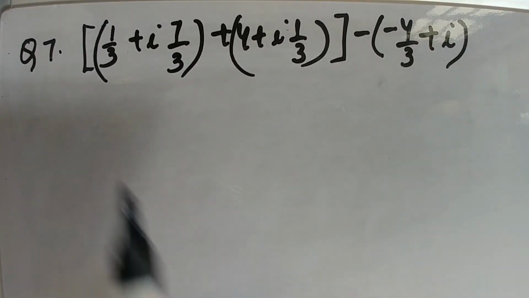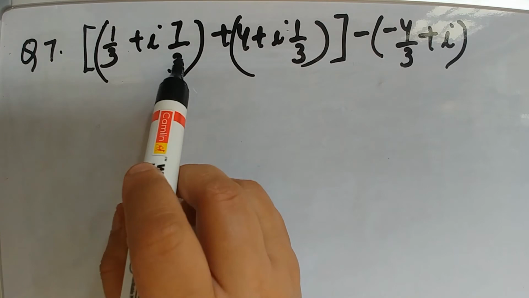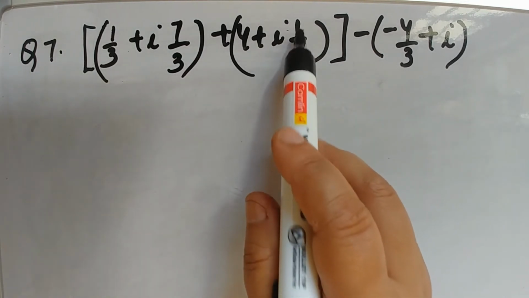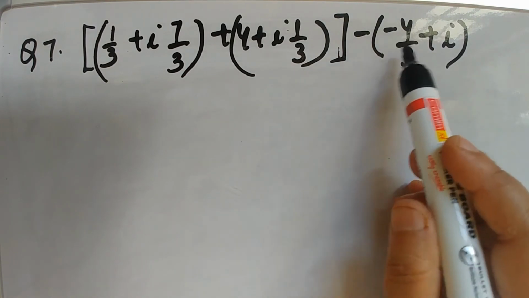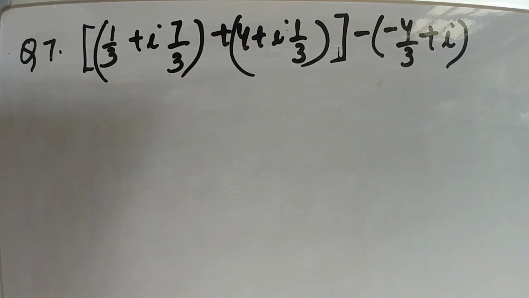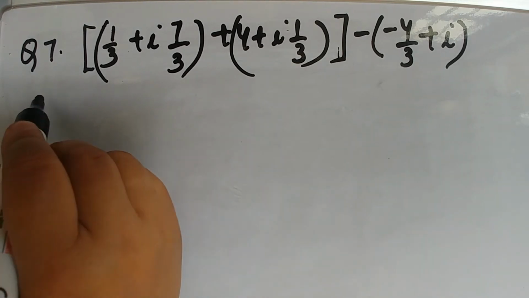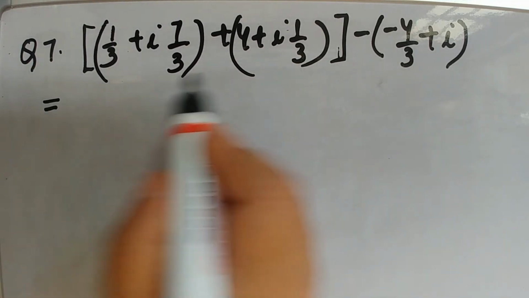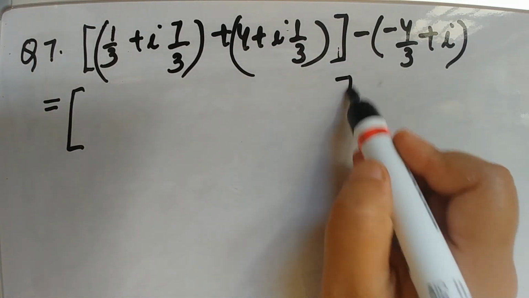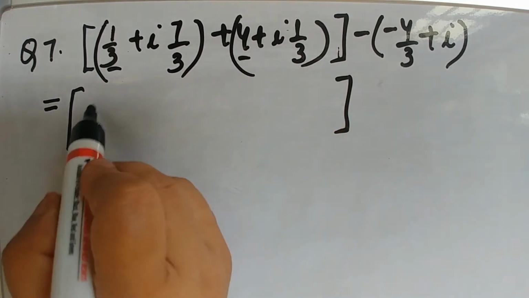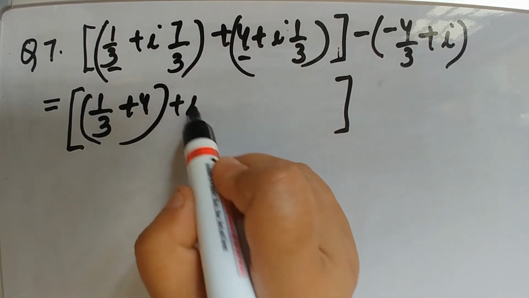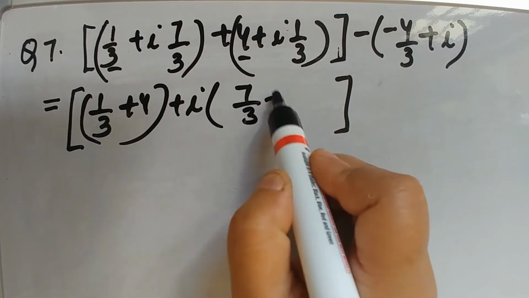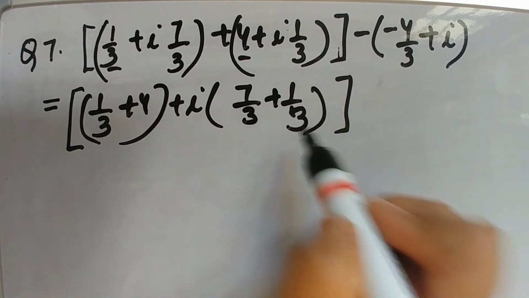7 is 1 by 3 plus iota 7 by 3 plus 4 plus iota 1 by 3, and this bracket is altogether minus 4 by 3 plus iota. And again, you have to express it in standard form. So what I am going to do is, again, firstly I'll solve everything inside this bracket. Again, bring together the real parts, okay, and plus iota times 7 by 3 plus 1 by 3.